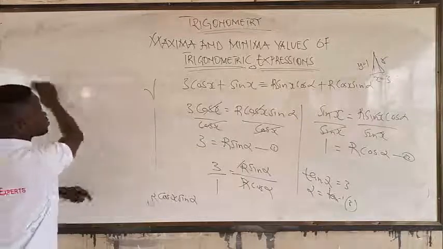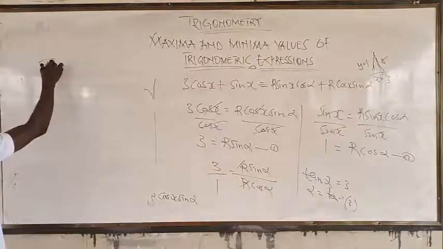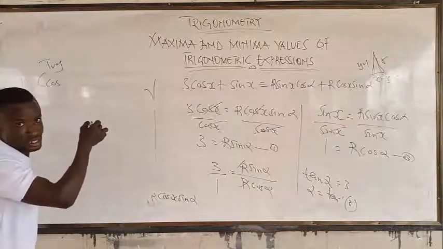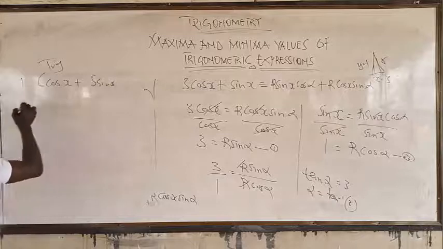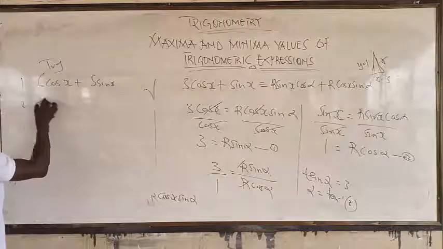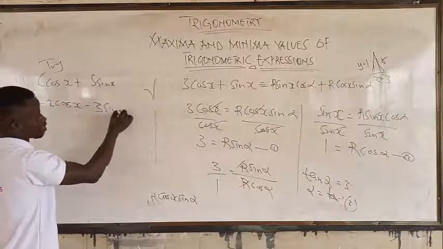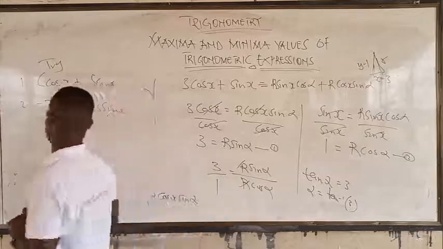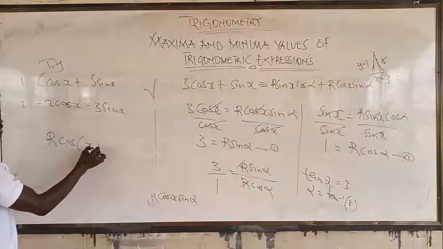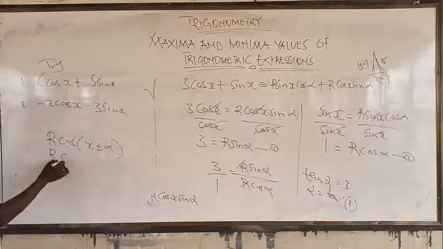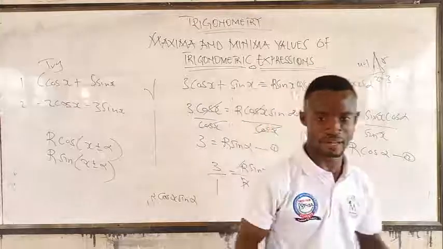I'm going to make it open for you to choose what you go by. 6 cos S plus 5 sin S. Negative 2 cos S minus 3 sin S. Choose any of it that you like, whether R cos S plus or minus alpha or R sin S plus or minus alpha. Thank you. See you in the next video.